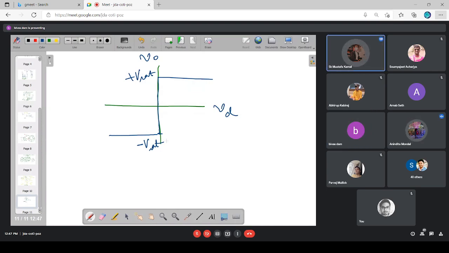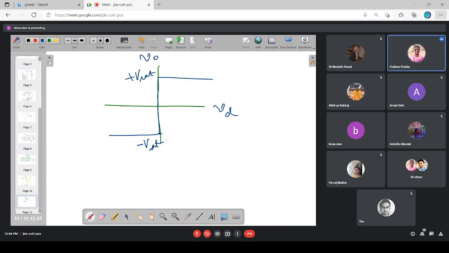So we can qualitatively determine which input is bigger, greater in magnitude. No. From this transfer characteristic, what can you infer? So it will have only two distinct outputs. Fine. Next.